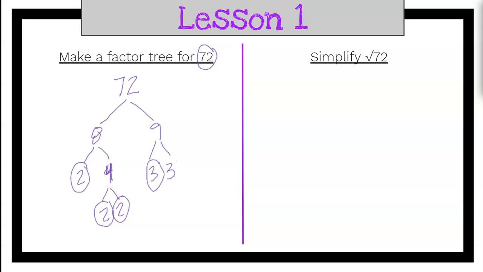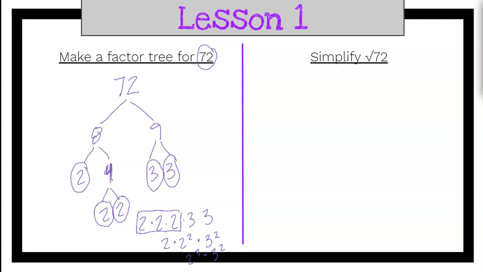So those are both prime, which means we can write our prime factorization as 2 times 2 times 2 times 3 times 3. A more simplified way of doing that is to actually use some exponents. So we could write this as 2 times 2 to the second power times 3 to the second power, or we could even make it one step further, 2 to the third power times 3 to the second power.